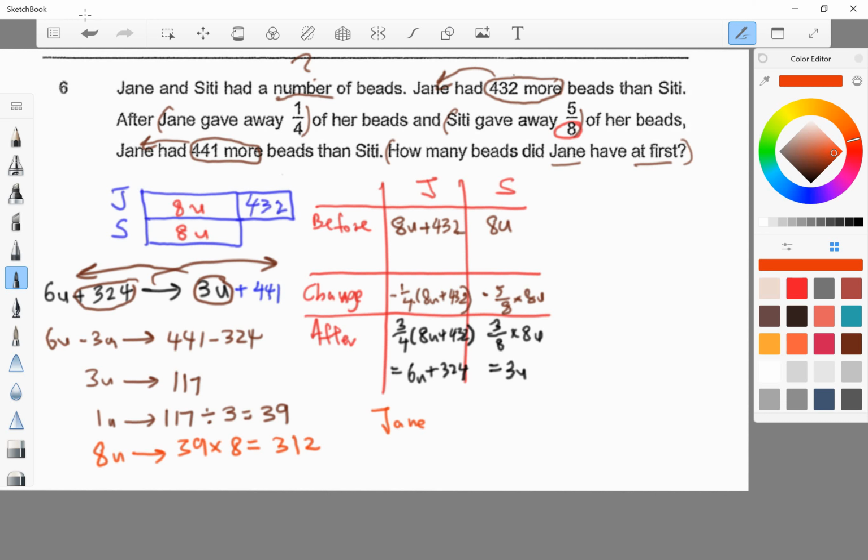Jane at first will be 312, which is 8 units, plus 432. 312 plus 432. My final answer is 744. So lo and behold, I've already found the answer that I'm looking for.